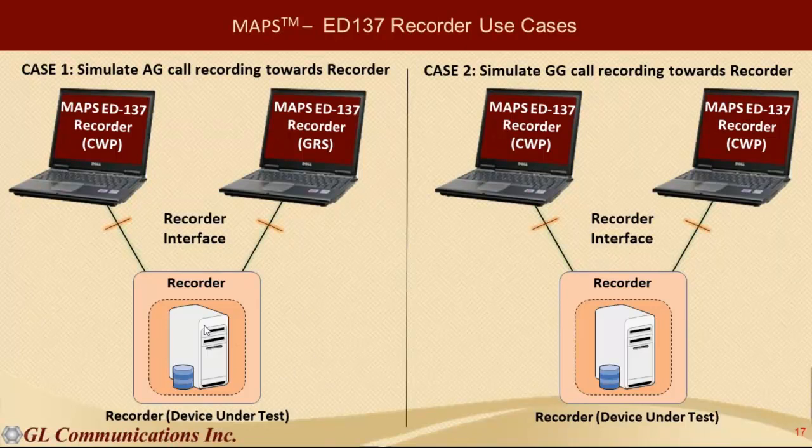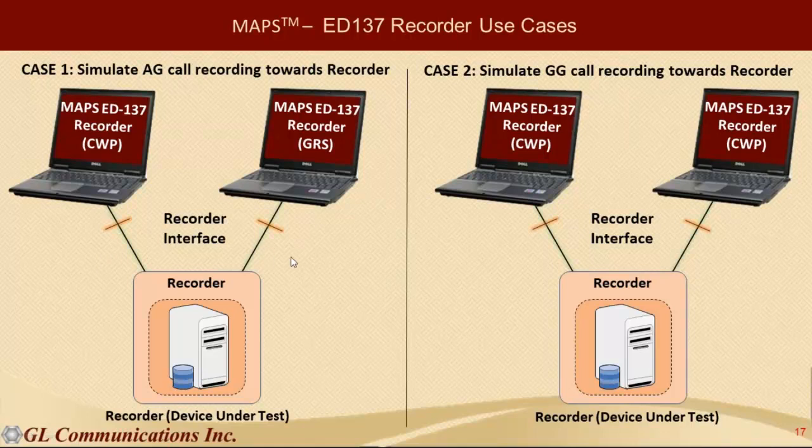Say for example, there is a recorder vendor and he wants to test this recorder. We can emulate the recorder interface at the CWP point or at the GRS point. CWP and GRS are involved to create this air-to-ground call recording.